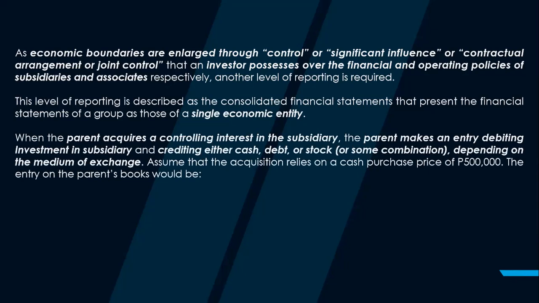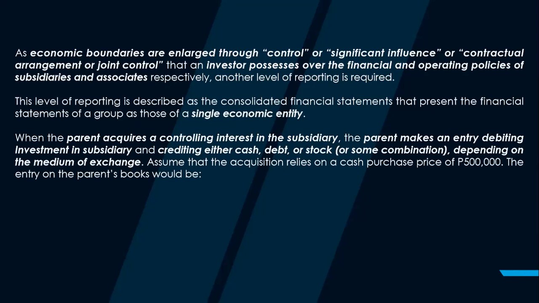When the parent acquires a controlling interest in the subsidiary, the parent makes an entry debiting investment in subsidiary and crediting either cash, debt, or stock, or some combination depending on the medium of exchange.